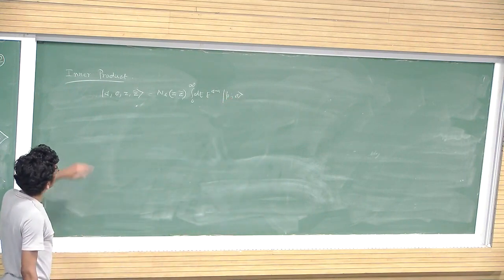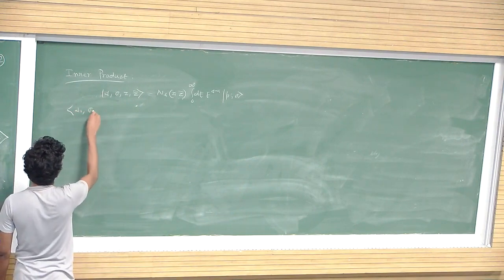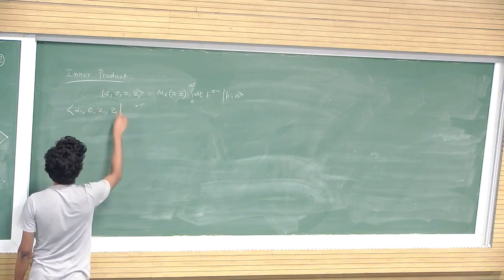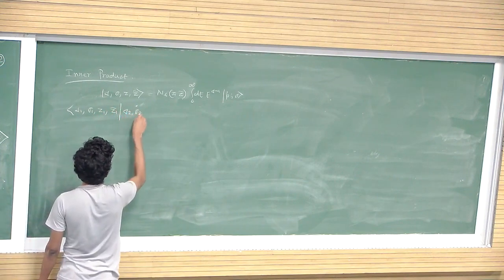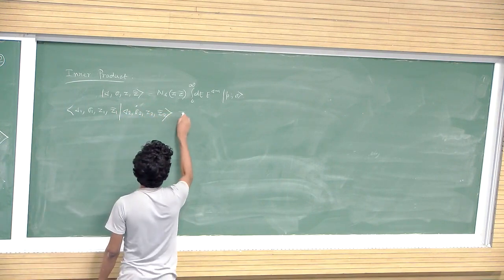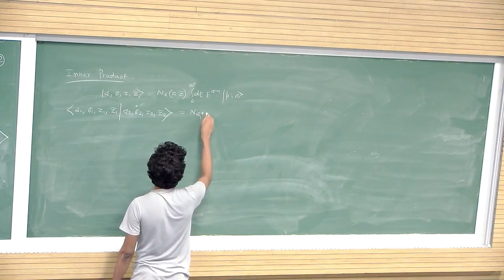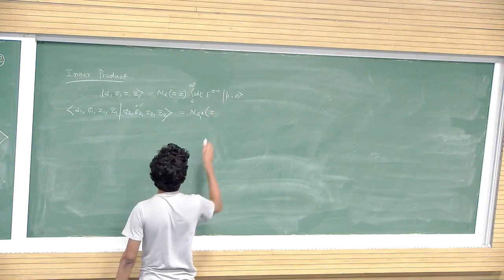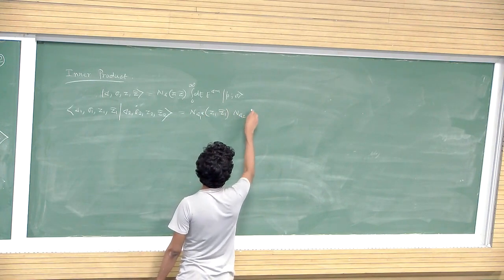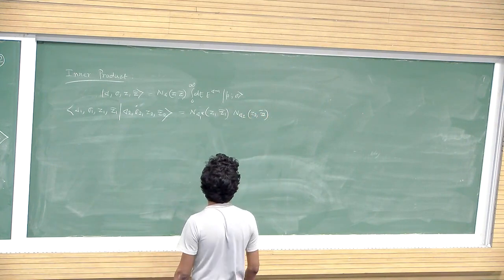Now I want to calculate the inner product between these two states. So what I want to calculate is delta 1 sigma 1 z1 bar with delta 2 sigma 2 z2 bar, which should give you something like delta 1 star z1 bar in delta 2 z2 bar.